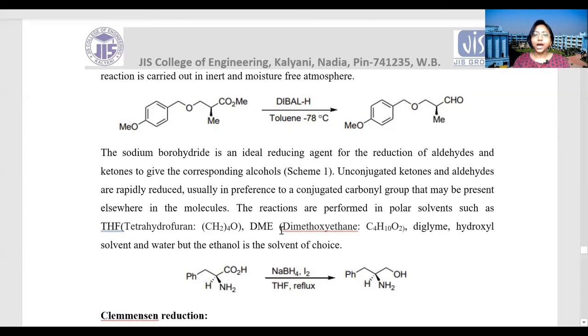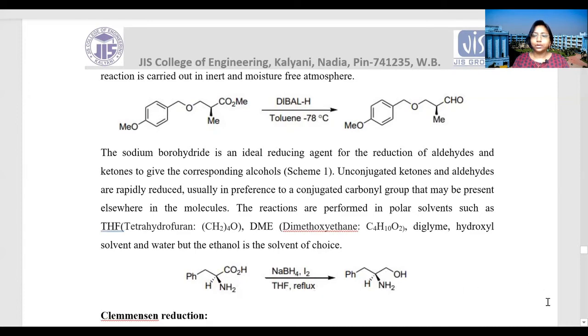The reactions are performed in polar solvents such as THF, tetrahydrofuran, C4H8O, DME, dimethoxyethane, that is C4H10O2, hydroxylic solvents and water, but ethanol is the solvent of choice. Okay, so ethanol is more preferable.